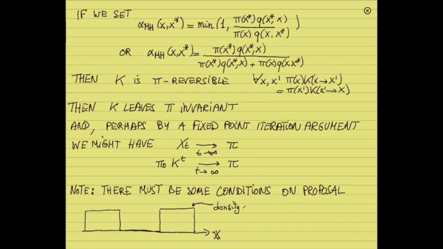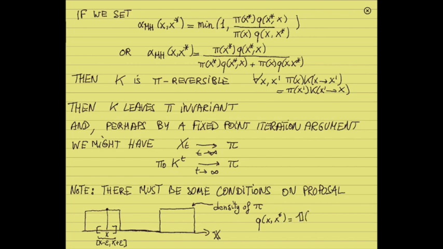You see it has two modes, two regions that have a non-zero probability under the target. And they're separated by a gap. Right? And so imagine that our proposal distribution is the uniform distribution around the current point, x, with a certain radius epsilon.